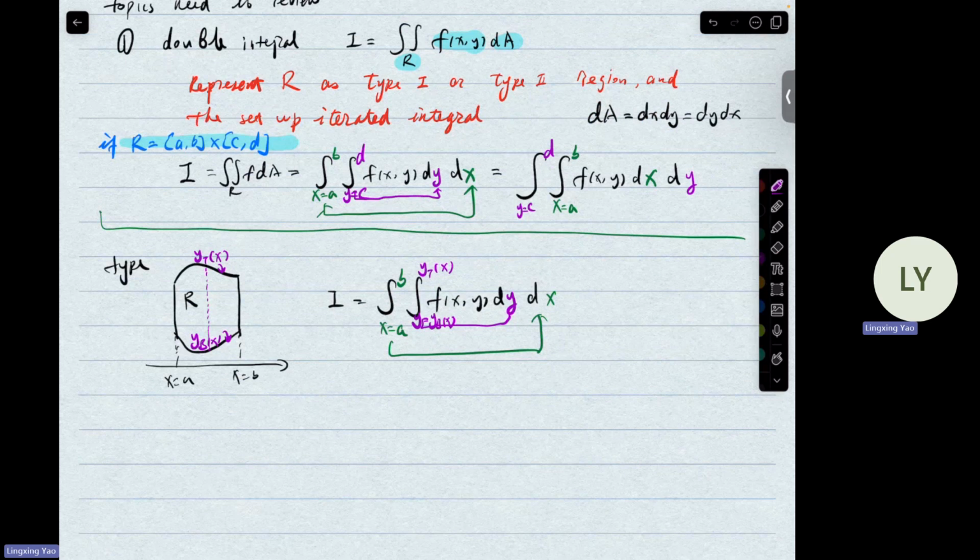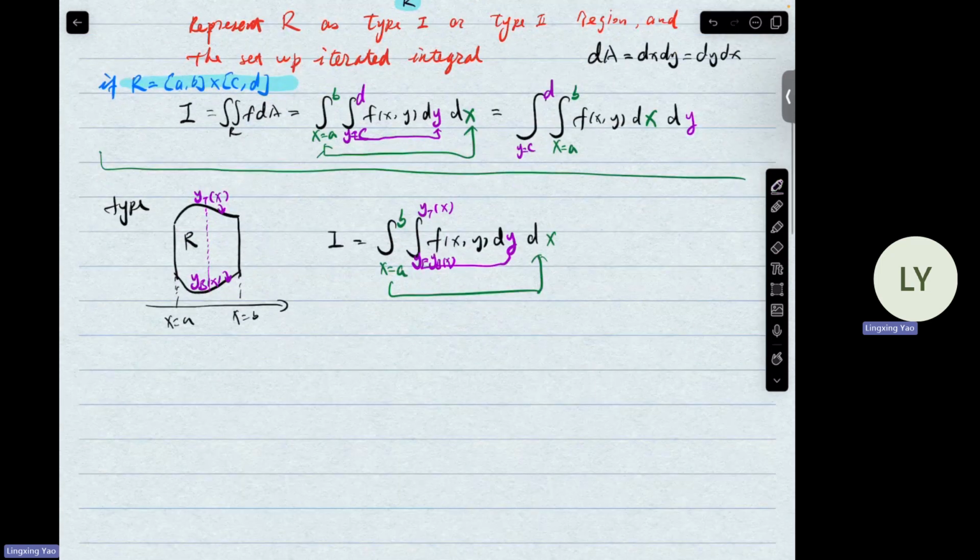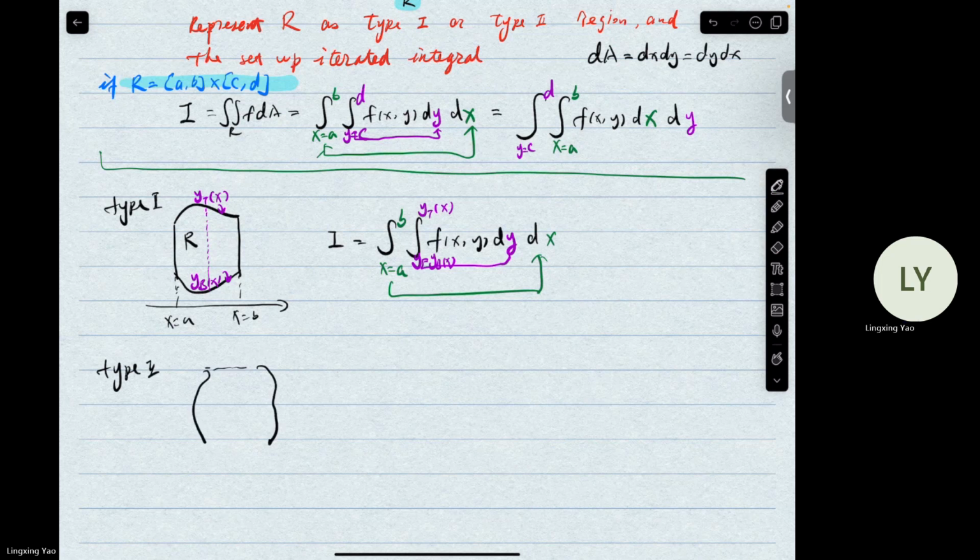Okay, and on the other hand, this is the type 1 region, and for the type 2 region, we treat this region like this, and then y will be bounded by y equals d and y equals c.